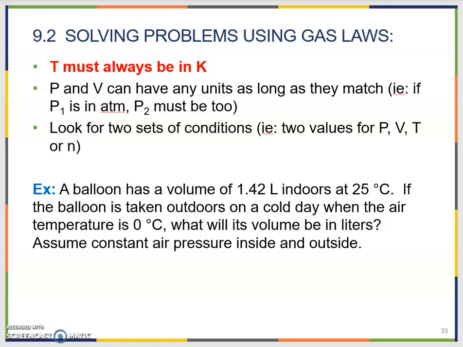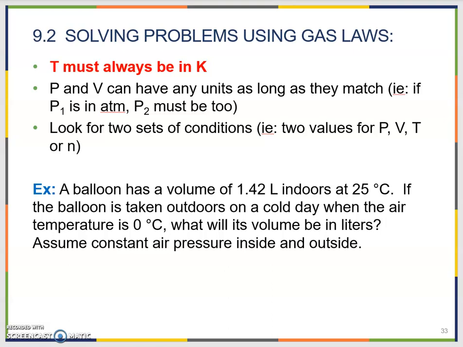So here's an example of those rules. A balloon has a volume of 1.42 liters indoors at 25 degrees Celsius. Let's say that your house isn't pressurized, which is usually the case. So you walk outside and it's freezing, literally, 0 degrees Celsius, but the atmospheric pressure is the same. It's a sealed balloon, so moles are the same. Assume constant air pressure inside and outside.